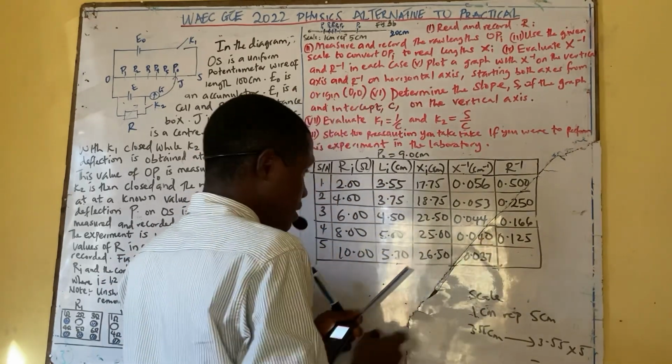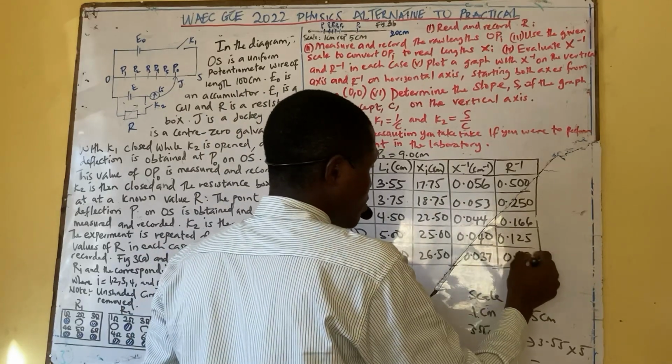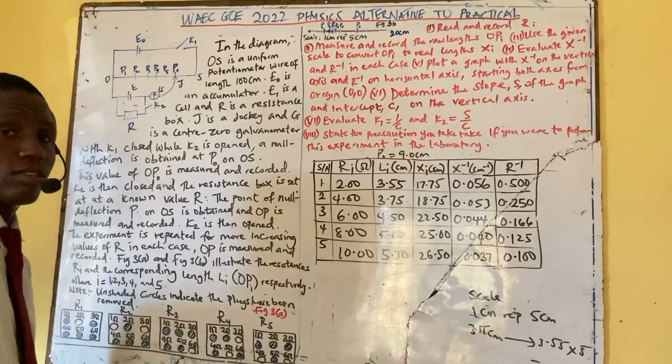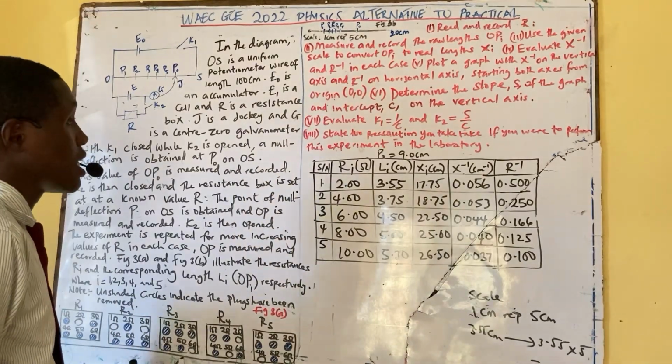Then 1 divided by 10 is 0.100. So that's that about the table of values, as you can see.